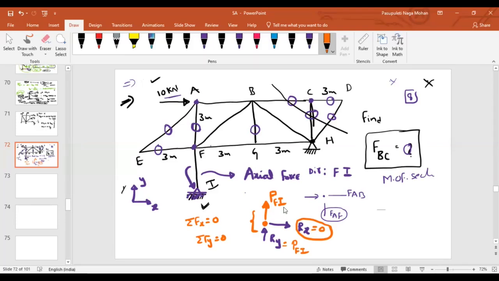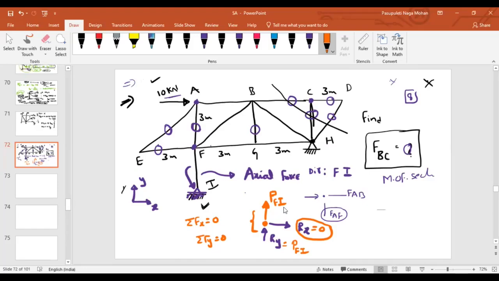What did you guys understand from here? I told you so many times that you have to see the mechanism. Every time you should not go blindly that as it is a pin support, it will have two unknown reactions. But instead, what is the mechanism here?